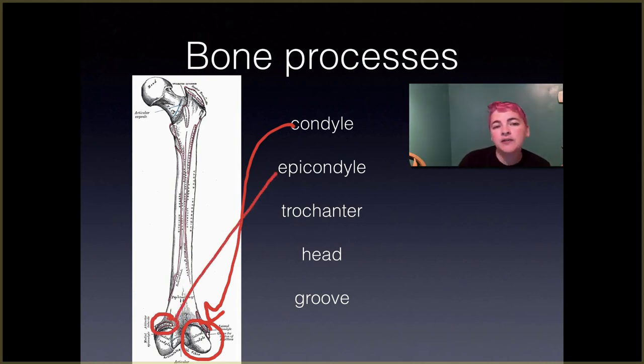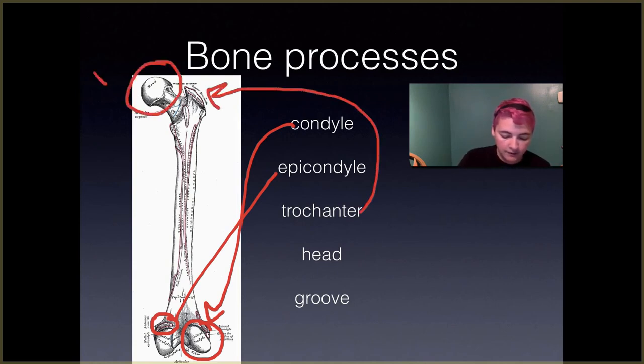A trochanter is something that's only found in the femur. It is this big bump here. The head is this large knob. And then the groove is that area there.